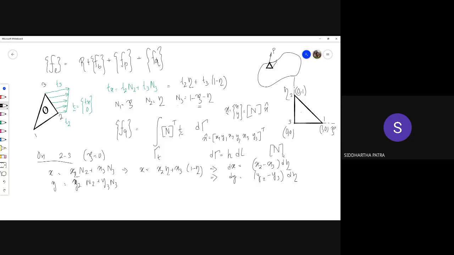But then n matrix was this quantity: n1 0, n2 0, n3 0, and 0 n1 0 n2 0 n3. So basically y would also be y2 n2 plus y3 n3. Do you agree on these two expressions? dx and dy will have very similar expressions. Do you agree to that?